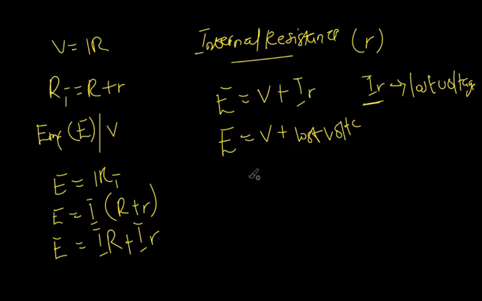So this is the relationship between the EMF of a cell, the voltage, and the lost voltage. In case you are asked to find the lost voltage, all you need to do is get the current flowing through the circuit, multiply it with the internal resistance, and then you get your lost voltage. Now if we all understood everything that I've explained so far, then let's have a look at a few examples to enhance our understanding of the concept.